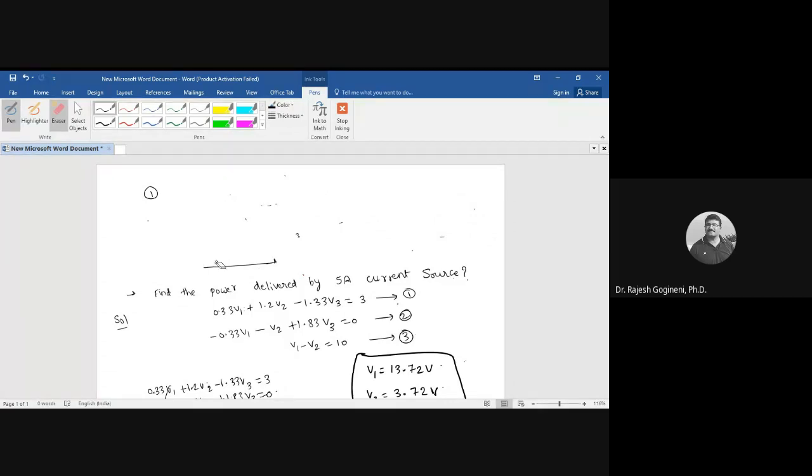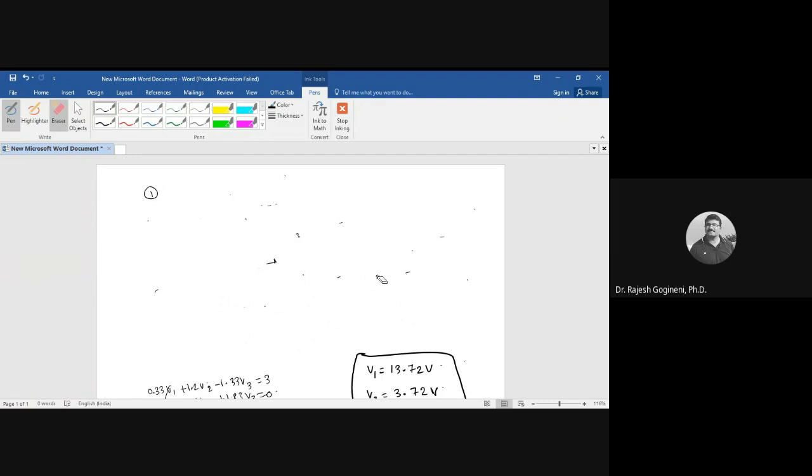Already we evaluated the current flowing through the 10 ohm resistor for one simplified circuit. Tomorrow you solve the second simplified circuit and check whether you got the same answer or not, right? Now we will solve one more problem. Draw the circuit, one more.